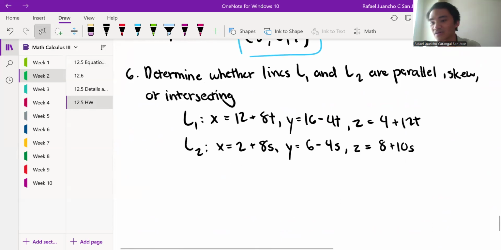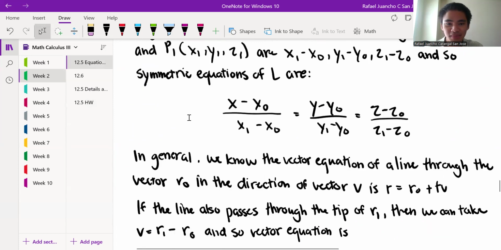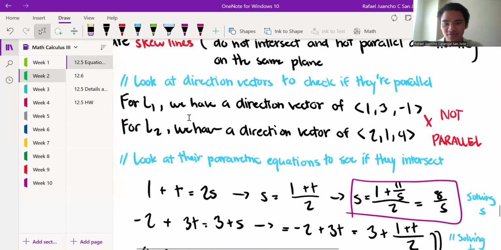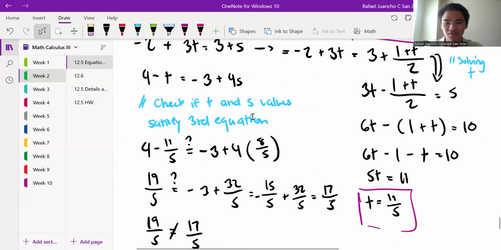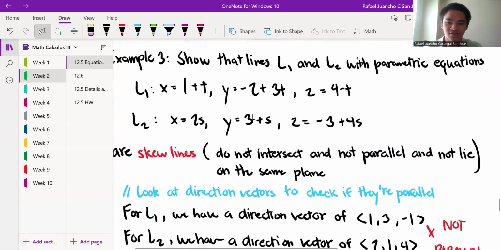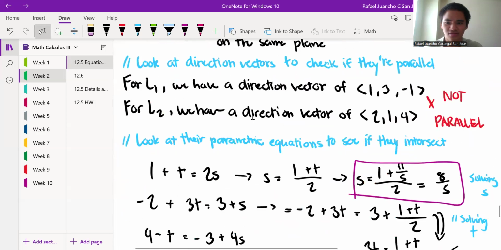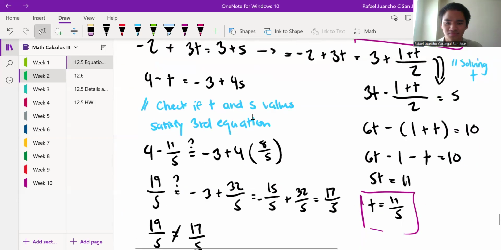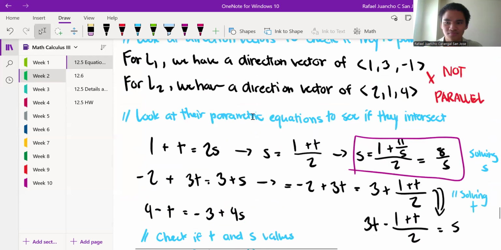And if they're not both, then they are skew lines. That's the idea. So here in this example, it's not parallel. It's also not intersecting. Therefore, they are skew lines.